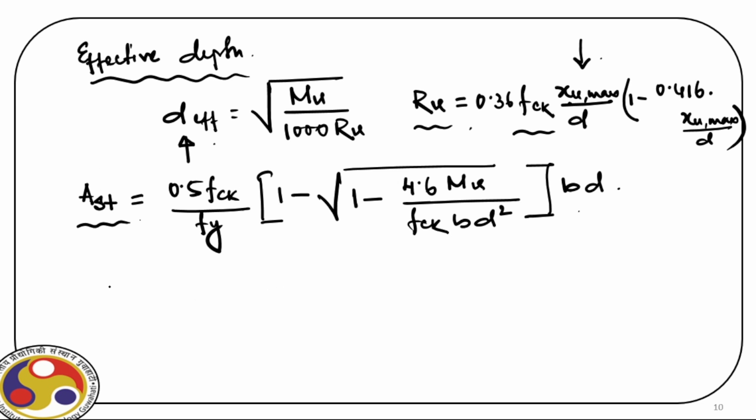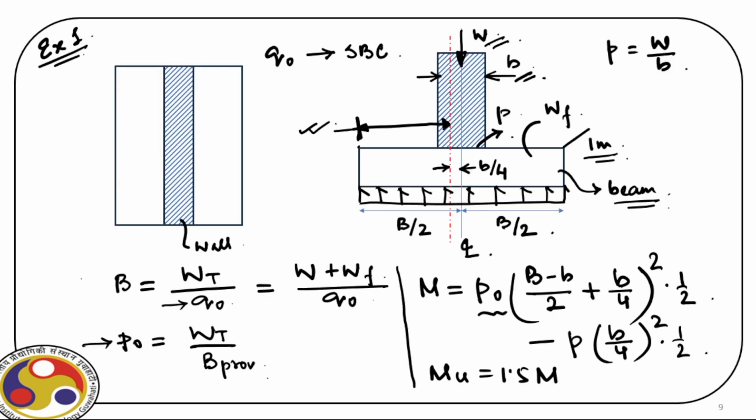Now, when we go for a footing, so we have the main bars going this way. We have already quantified Ast, so we can quantify the size of the bar and the spacing very easily. So this is the main bar going this direction. But we also have to provide longitudinal bars in the orthogonal direction. So this is the longitudinal bars that we have to provide. For these longitudinal bars, there is a specific requirement.